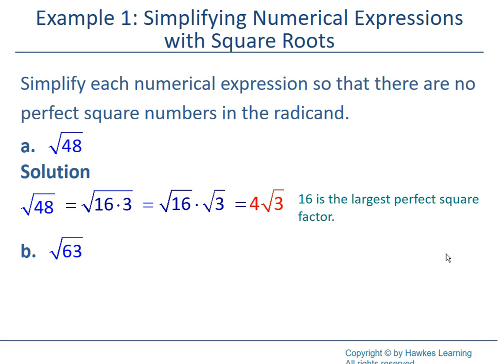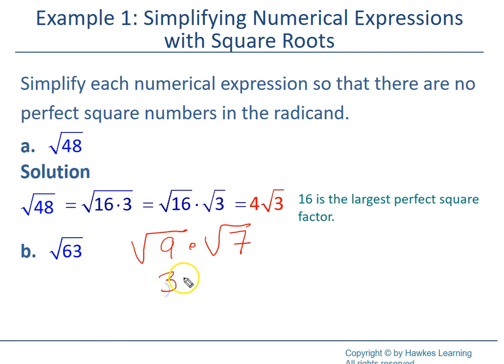Okay, now let's do this 63. So I know, for instance, that 63 is 9 times 7, and 9 is the perfect square factor. Now I could have done a prime factorization over here, but if you know something like it, this is the easier way.